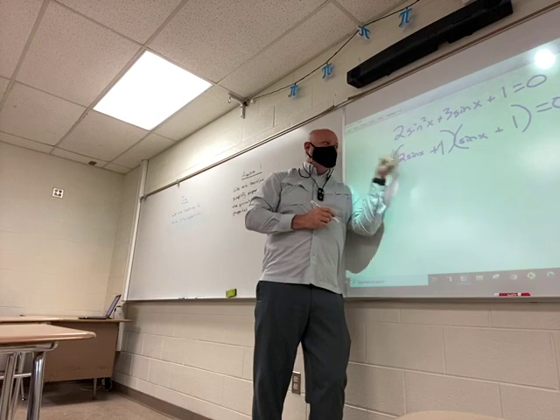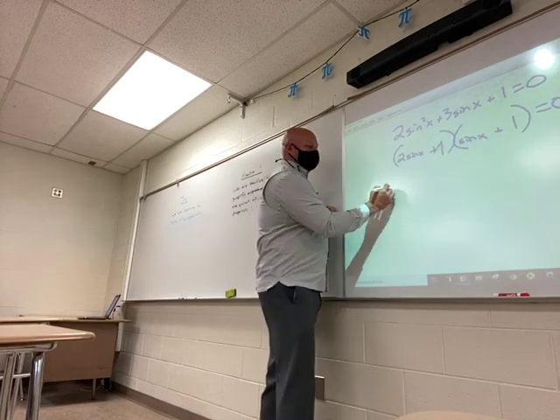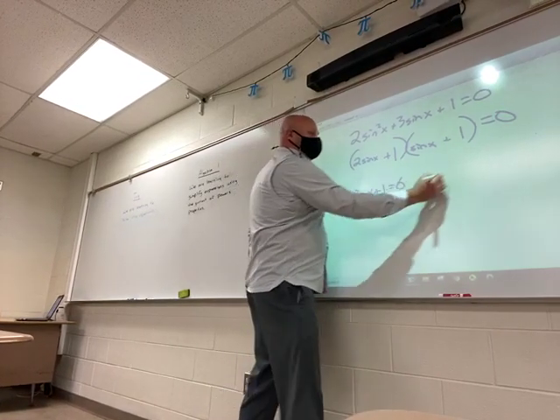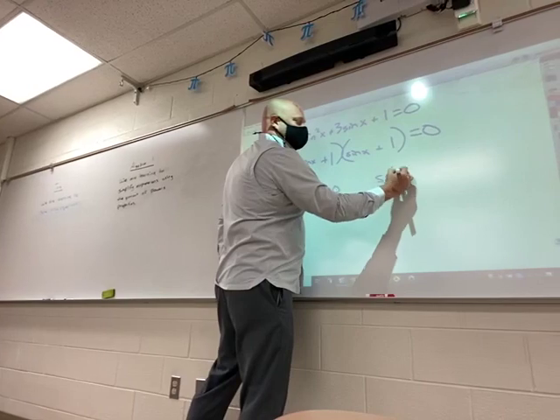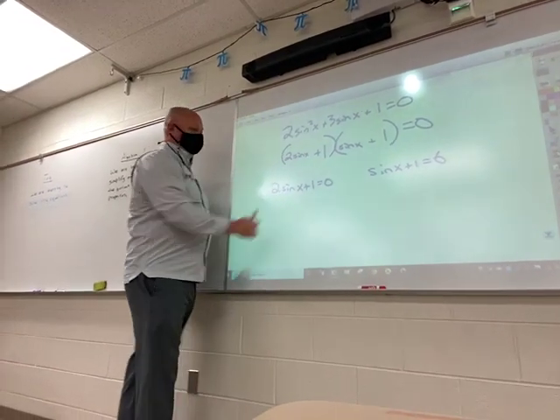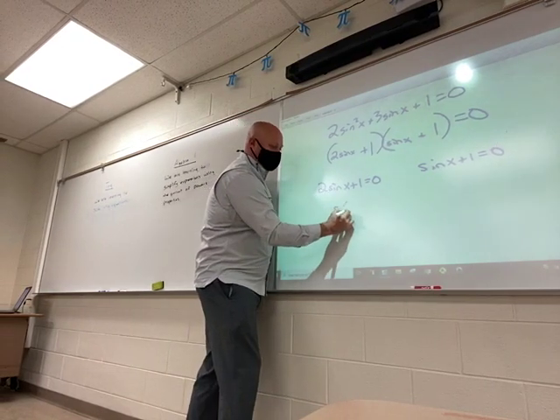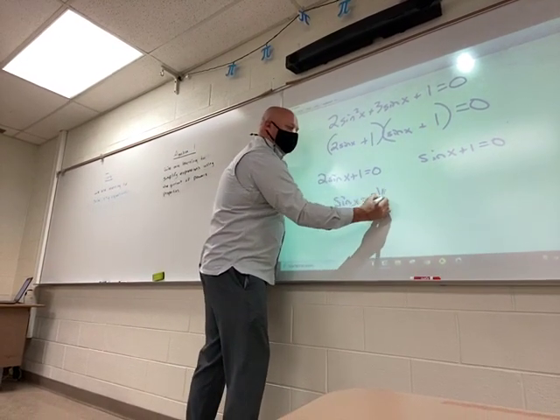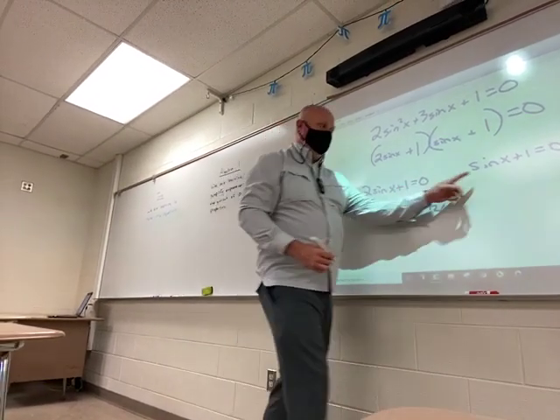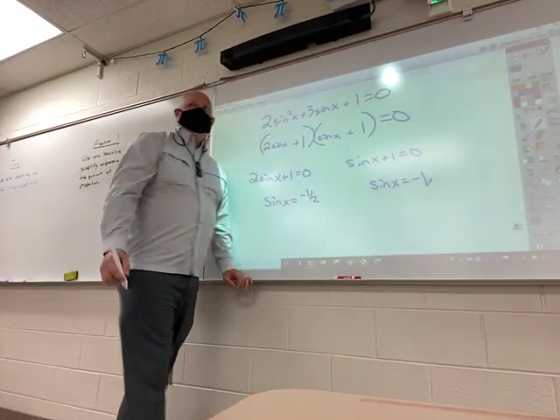Once you have it factored, what do you do with each of these? You set them separately equal to 0, and then we're going to solve them both separately. So this one, when you minus the 1 and divide by 2, we get sine x equals negative a half. This one we solve and we get sine x equals negative 1.